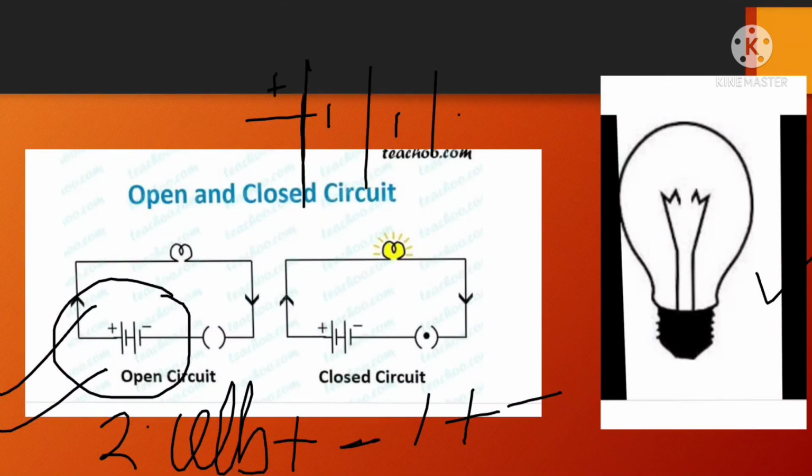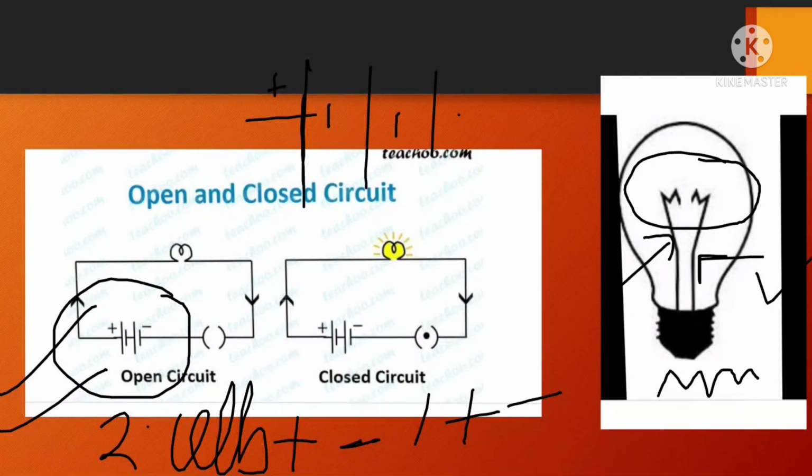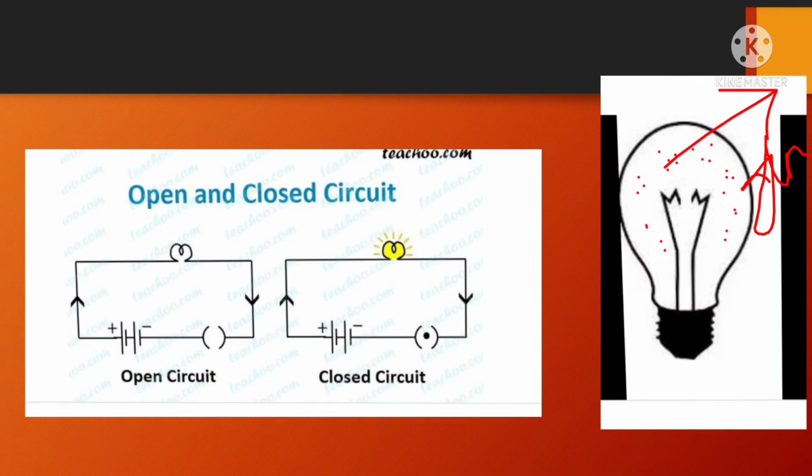This bulb is a fused bulb. What is broken here? What do we call this one? Please write down. This is known as filament. And this small filament is supported by these two thick wires. So children, I hope it is clear to you and you have done all the questions with me. Thank you for watching, children.